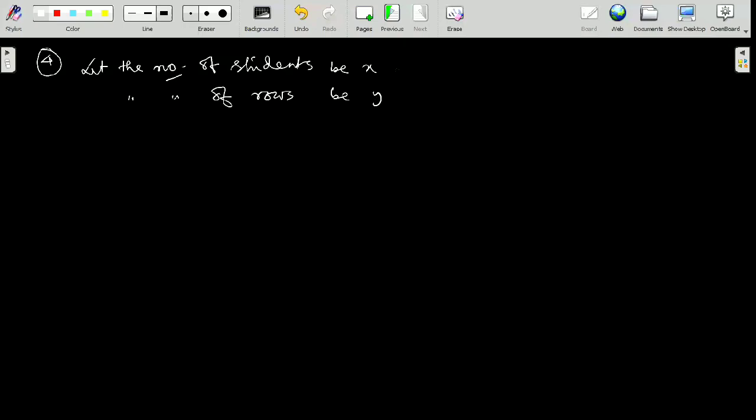So if x students and y rows are there, then the total number of students will be, if no row is left out, x into y. Number of students in each row is the number of students divided by the number of rows, isn't it?